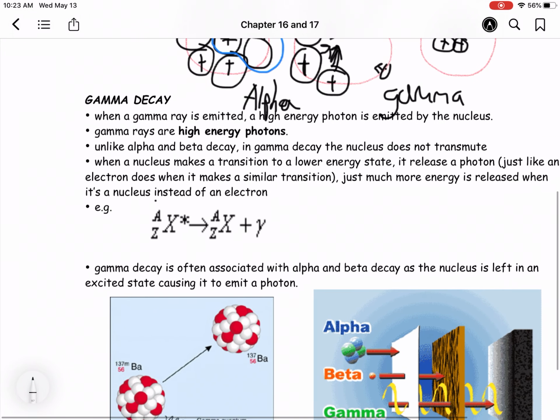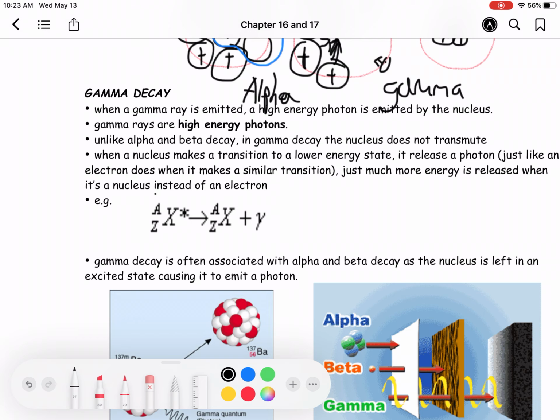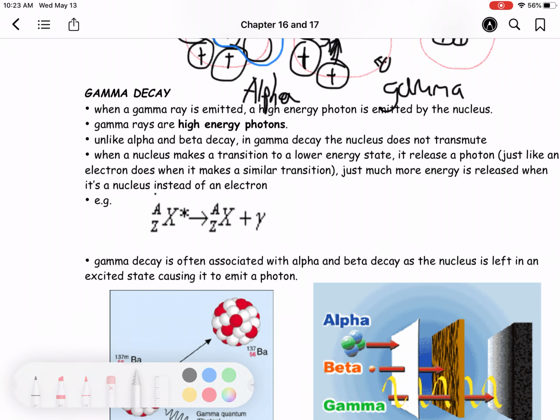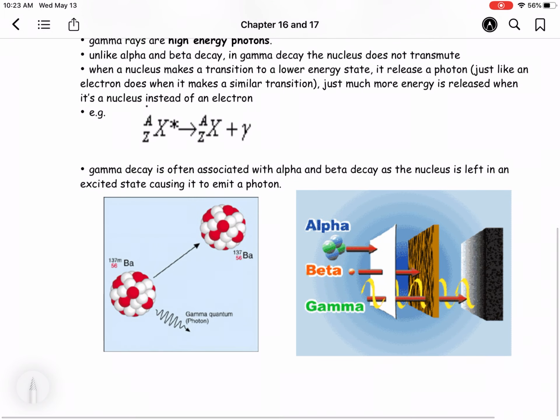So the actual change doesn't really happen. I have A and it stays as A. I have Z and it stays as Z. The nuclei doesn't change. We just emit it, right? So it goes from excited barium to a less excited barium. That's all that happens, and it gives off a gamma quantum, photon, okay, high energy little bugger.